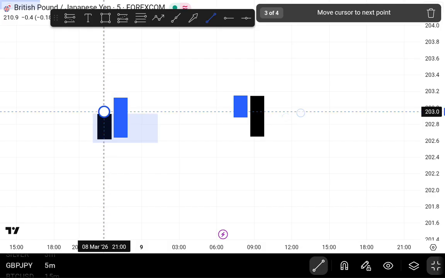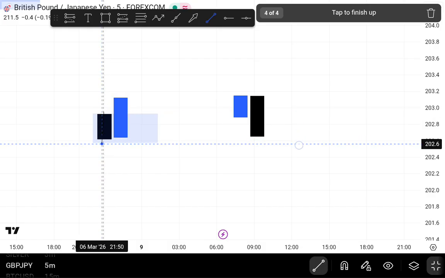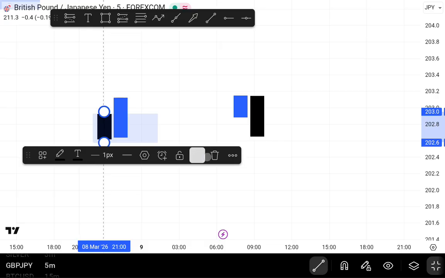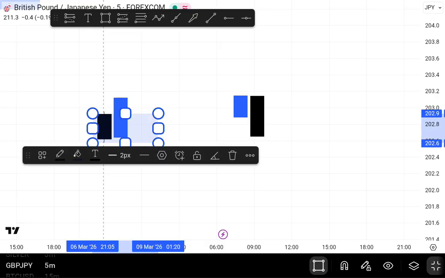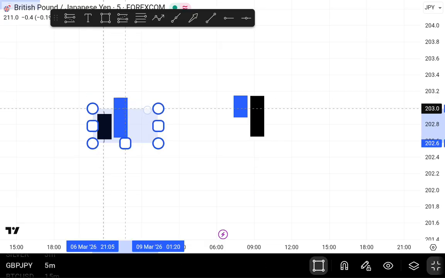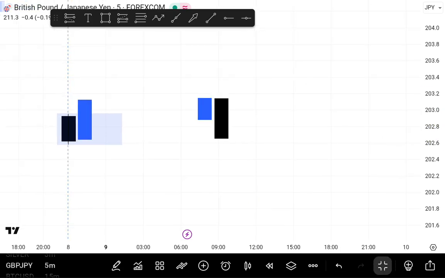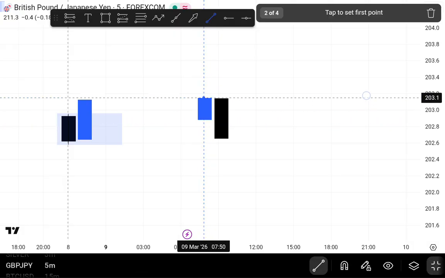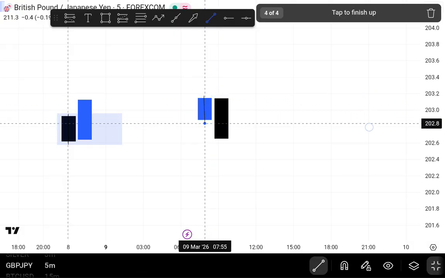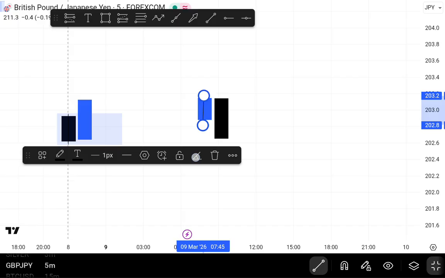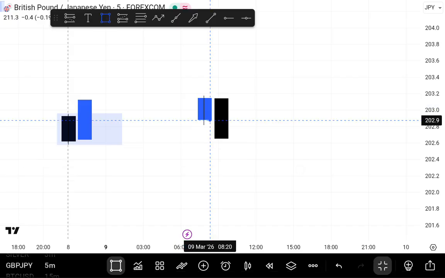Mark both the wick together. For a sell order block, you mark from the bullish candle.